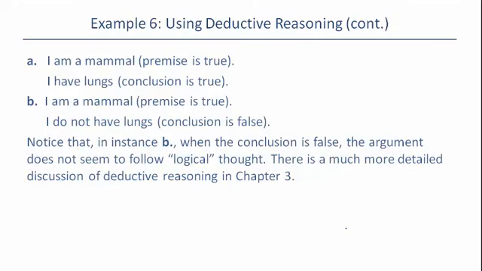And we'll get more into this in chapter 3. What I mean by it doesn't follow logical thought is those two things are kind of not related. And so it doesn't really help prove or disprove anything. It'll make more sense when we get to the whole idea of truth tables.